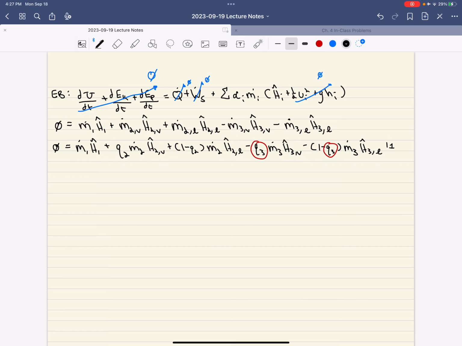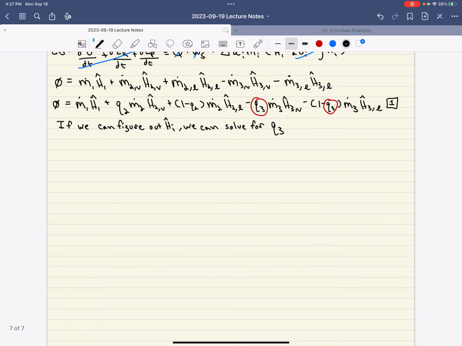I'm going to call this equation 1 here. If we can figure out the H sub i's, we can solve for Q3. Okay? To figure out all our enthalpy values, let's go to the steam tables.